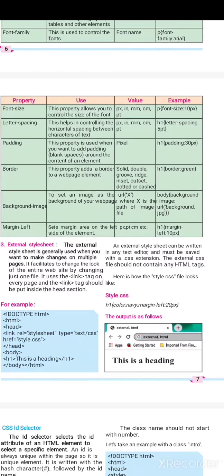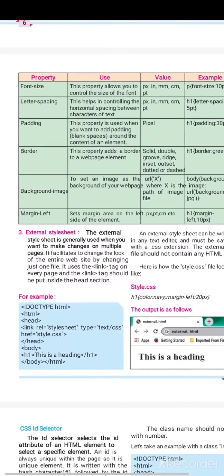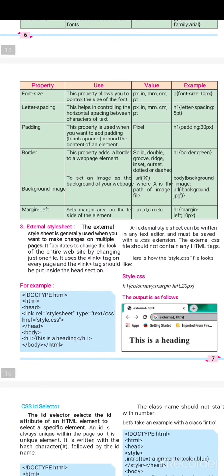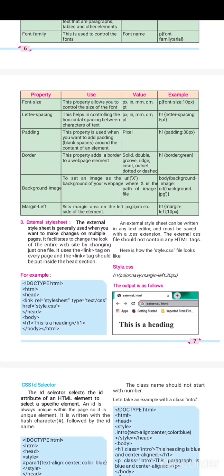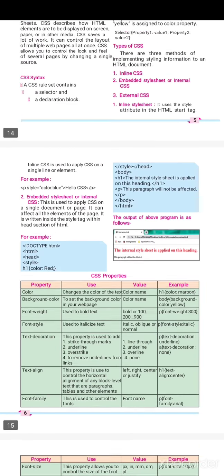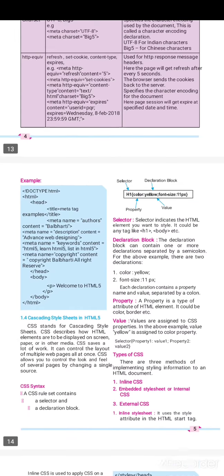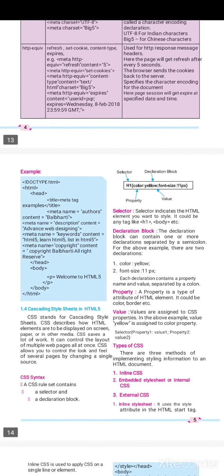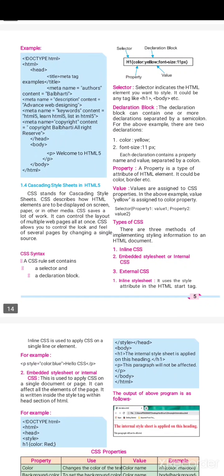So these are the different properties to be applied through style sheets. Style sheets help to apply more than one effect through the selectors, and those selectors are nothing but HTML elements, so content is displayed in a more effective manner.